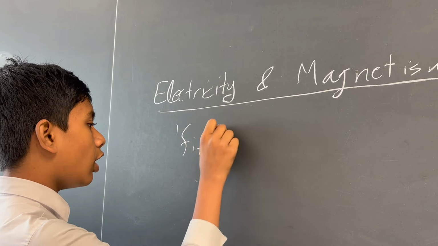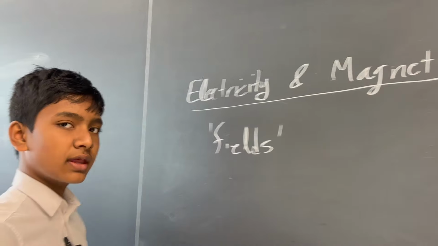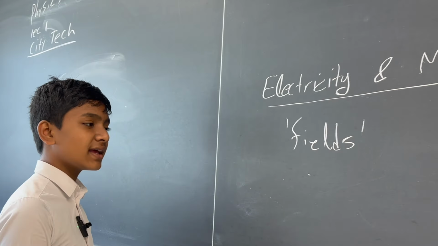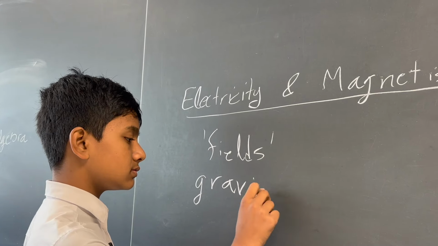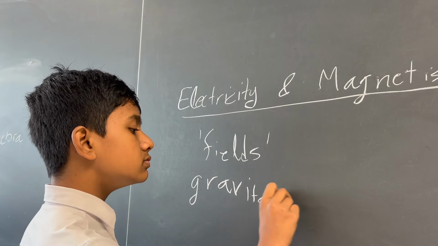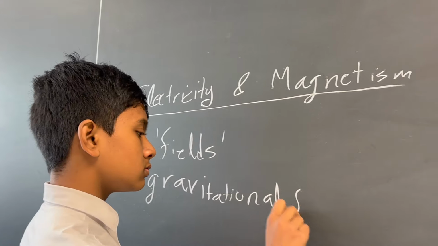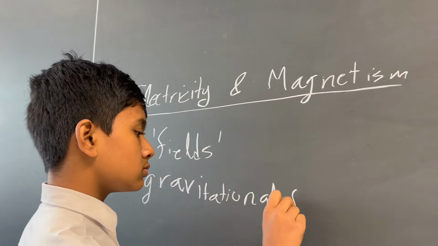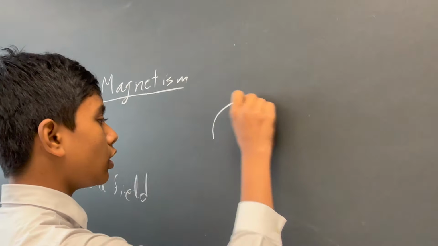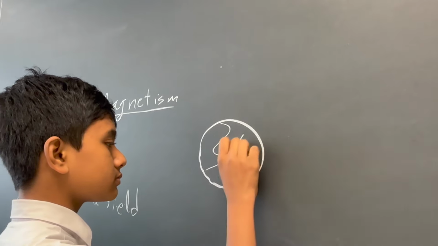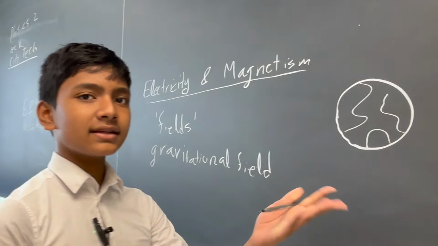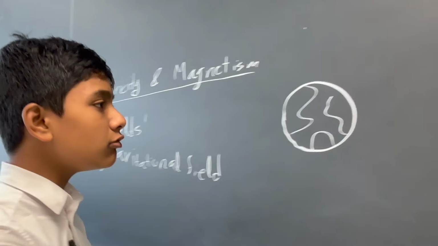Now, there's probably already one field that you're familiar with from high school physics, and that's a gravitational field. If you take a large object, like the Earth, this has a gravitational field. How?